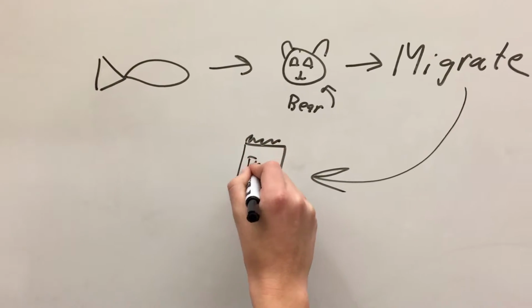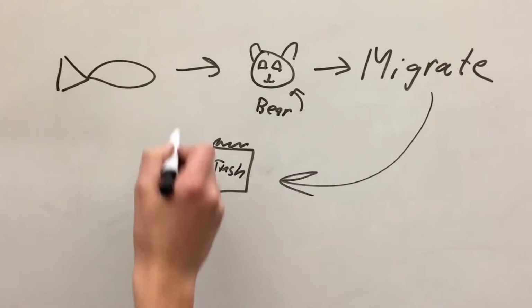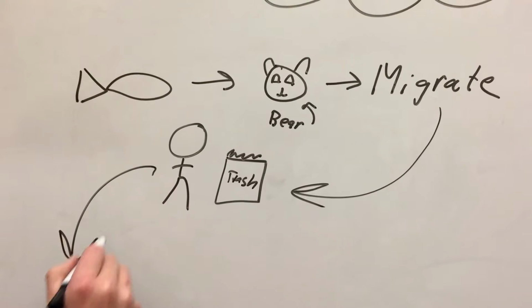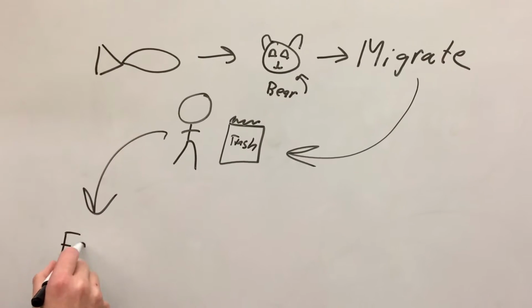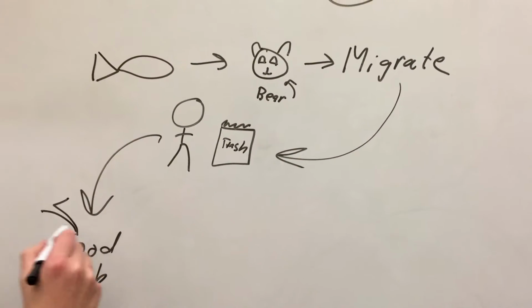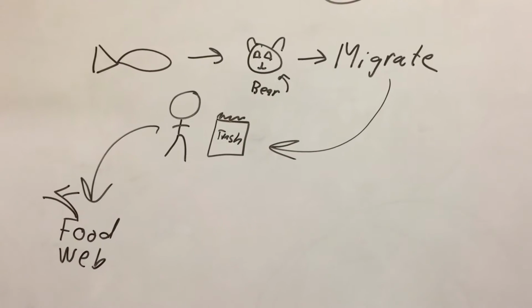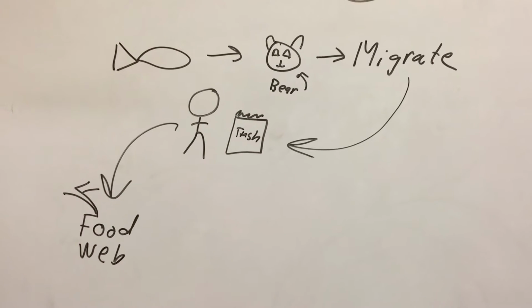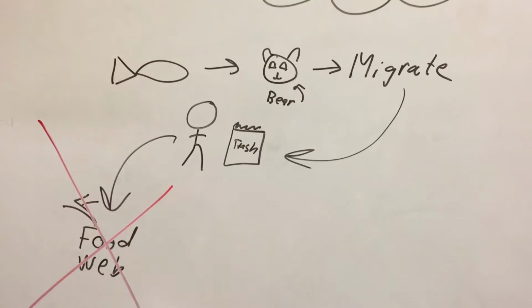If bears had to go into trash cans and eat human food, it doesn't give them the same nutrients or proteins that a fish provides for the bear. This will cause changes in the food web, causing populations of prey to increase and the bear population to decrease.